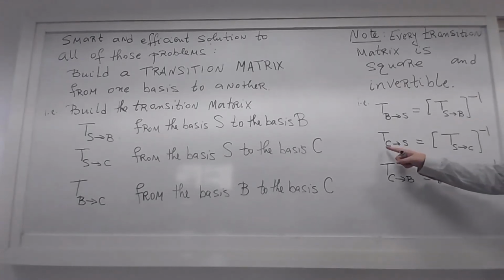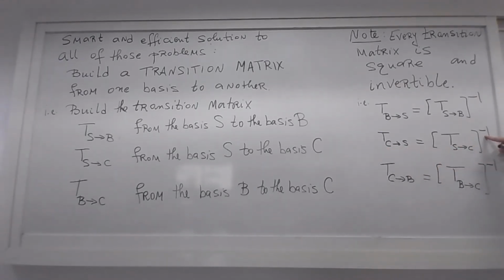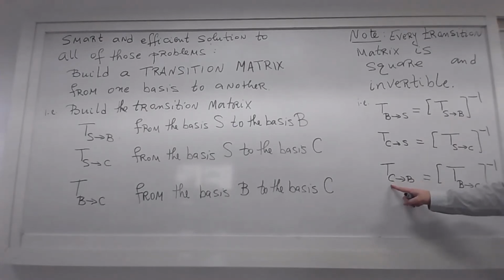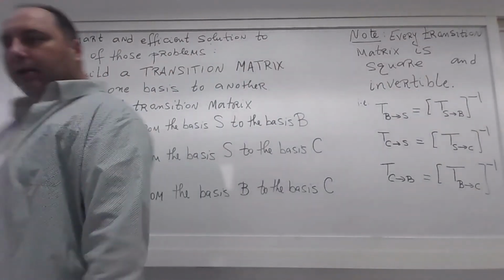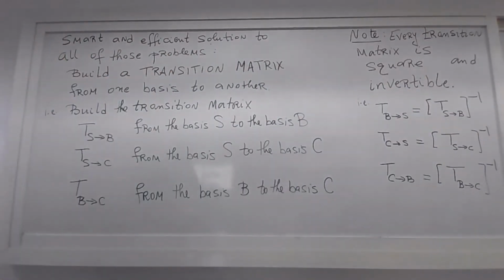The transition matrix from basis C to basis S is the inverse of the transition matrix from basis S to basis C. And also the transition matrix from basis C to basis B is the inverse of the transition matrix from basis B to basis C. So you swap order, you need to compute the inverse. So we will see how to compute transition matrices and how to use them.